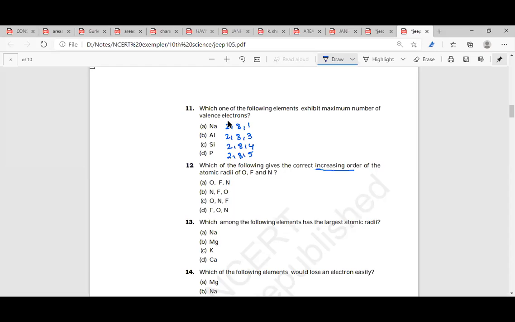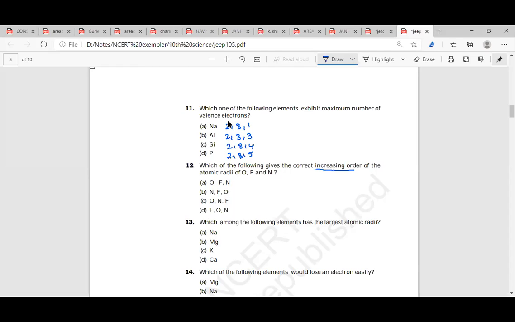Their atomic radii, increasing order of atomic radii you have to write. Option D, F, O, N. Ma'am, it's D.